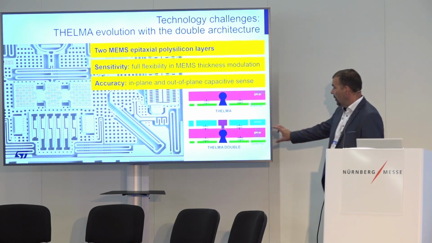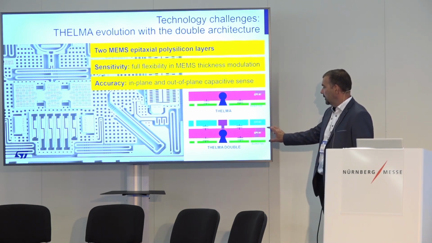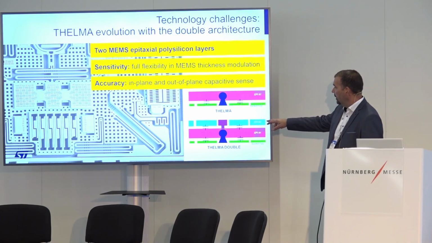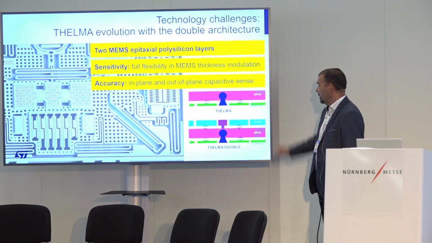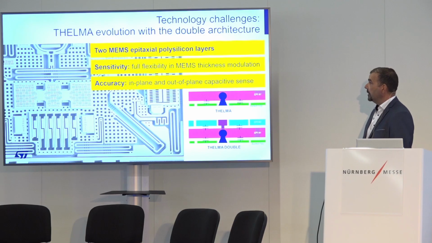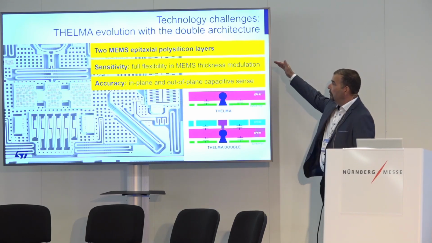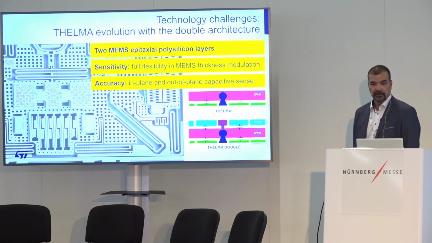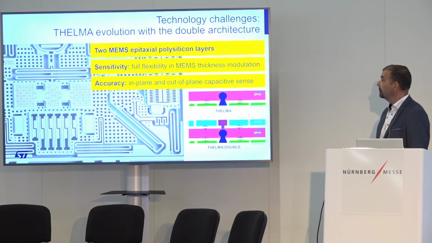What we brought in our new device is so-called TELMA double technology, where we bring one more epi layer into the system. This allows us to improve the sensitivity and also to play with the noise level, and so the accuracy of the sensor.